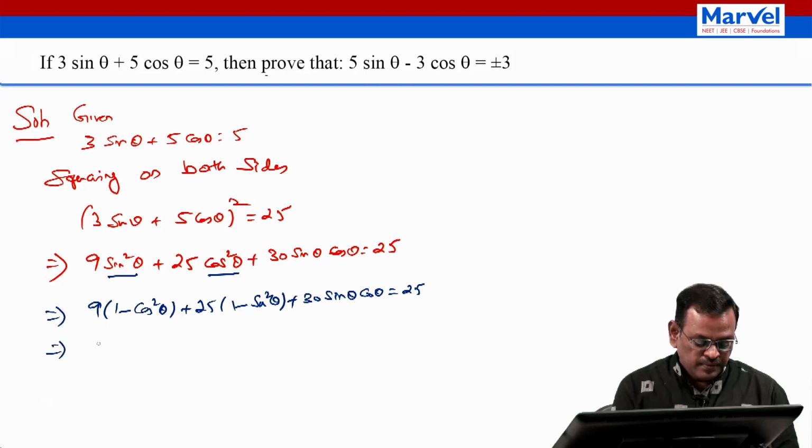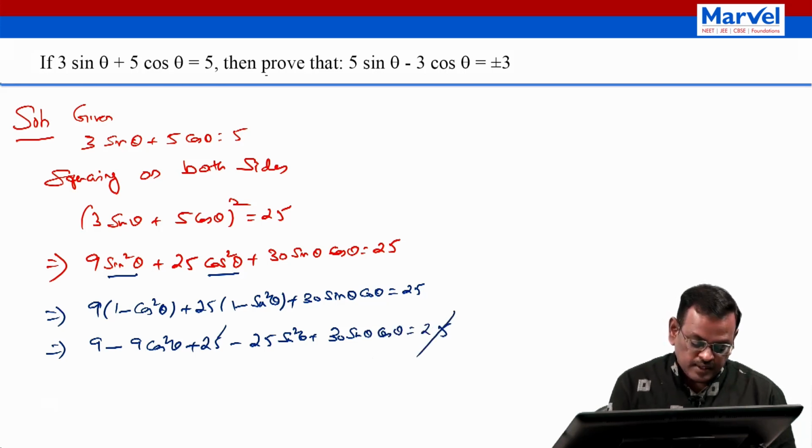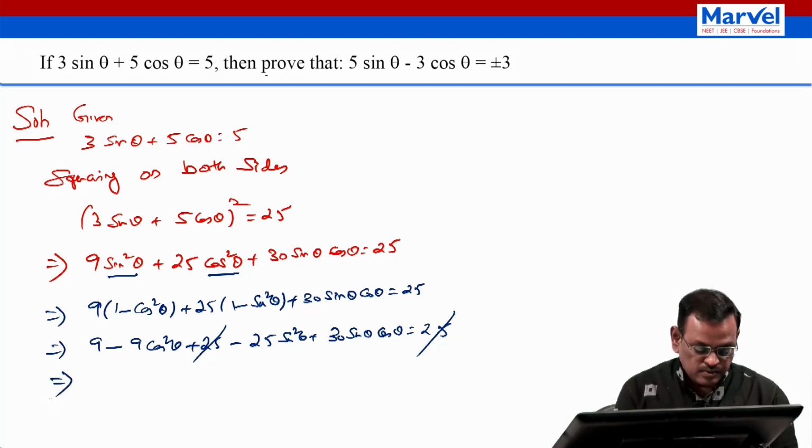Now simplifying, 9 minus 9 cos square theta plus 25 minus 25 sin square theta plus 30 sin theta cos theta equal to 25. 25 cancel. Okay.